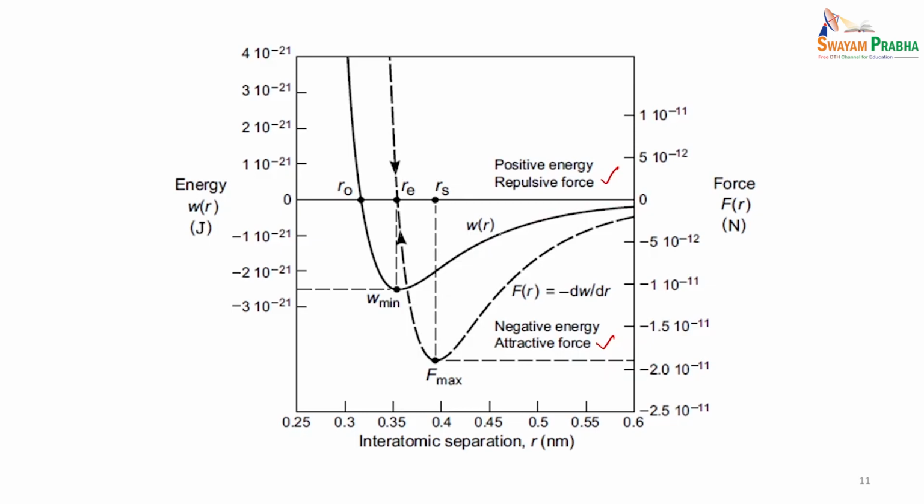Attractive forces keep on increasing up to here, or you can say attractive potential is increasing up to here, and if you come very close, it suddenly goes to the repulsive side. So, here is the transition, it goes to the minimum. Minimum means this is the equilibrium.